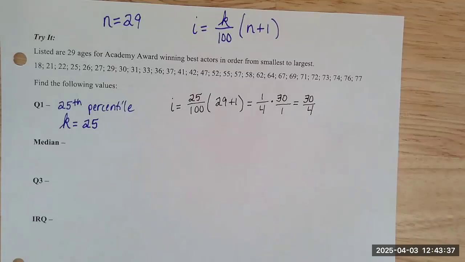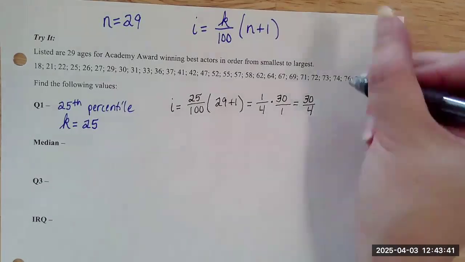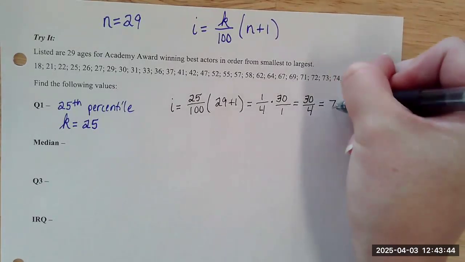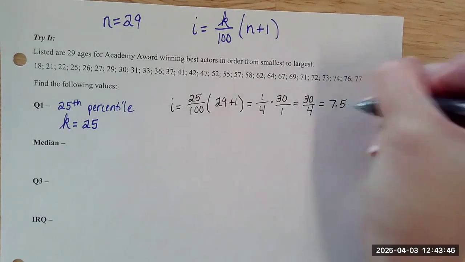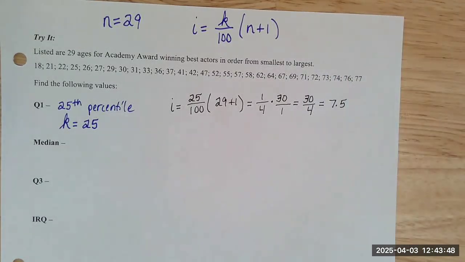It comes out to be a decimal number. It comes out to be 7.5. So in terms of what just popped out, that's my I. That's the position. So the position is position 7.5.